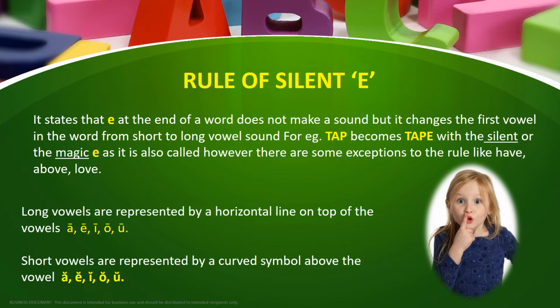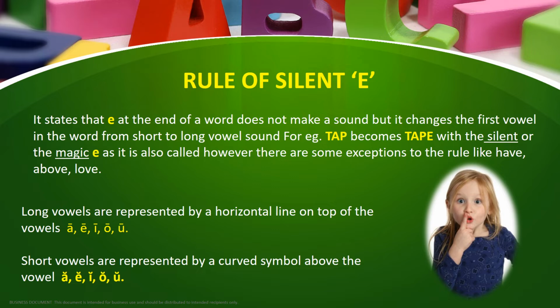O. O will also have a horizontal line on top of it, indicating that it is a long vowel in the word note. N-O-T-E. So N-O-T-E, there is a silent E there, and there is a horizontal line on top of letter O, which indicates that O will give the sound of its name, like O. O will be pronounced as O, note. Last but not the least, if U has a horizontal line on top of it, it means U will be pronounced as U and not like a.